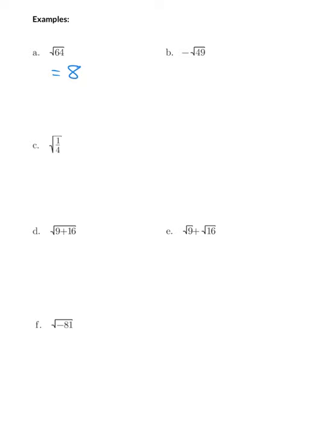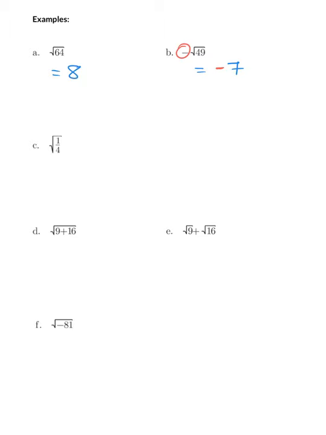Ignore the negative for now, and let's just talk about the square root of 49. So the square root of 49 is equal to 7, since 7 squared equals 49. From here, since the negative is on the outside, I'm just going to go ahead and keep it. So our final answer is -7.